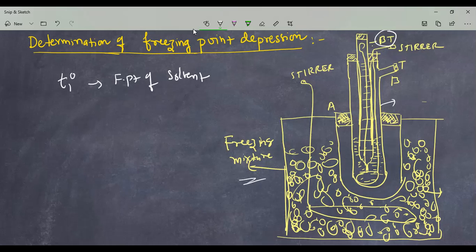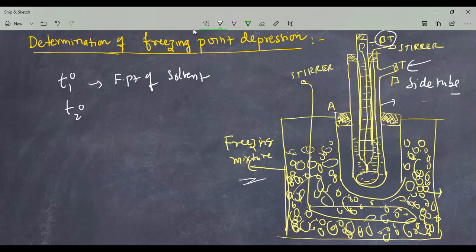An accurately weighed quantity, about 0.1 to 0.2 grams of solute, will be added through the side tube, that is T. This is nothing but a side tube. Then the temperature of the solution will again be noted like the previous one.